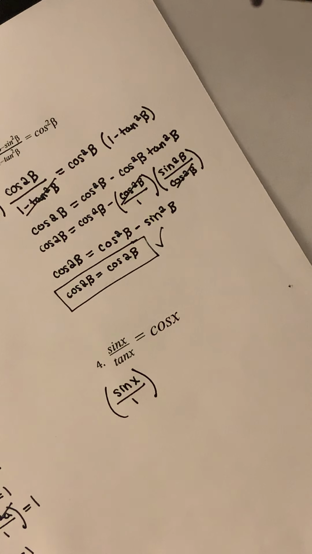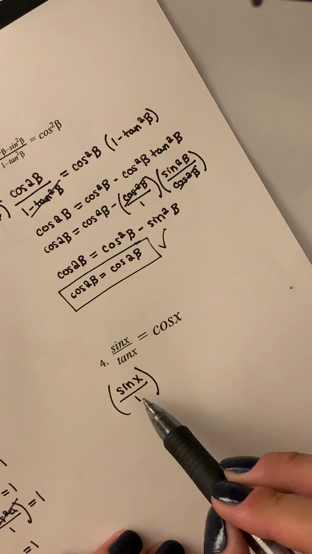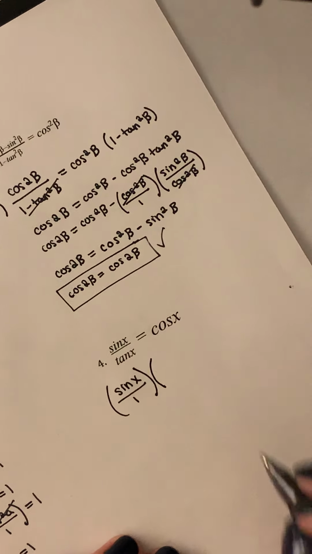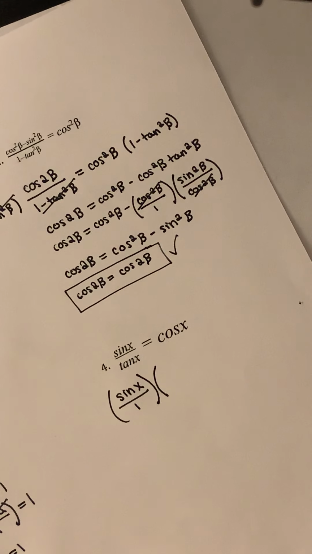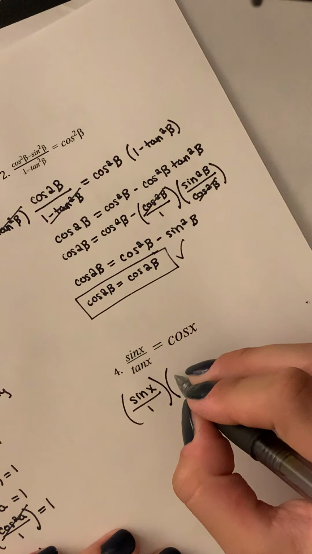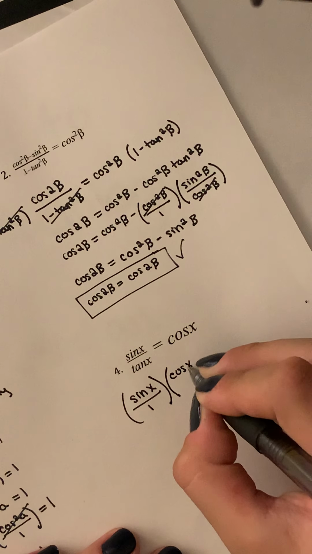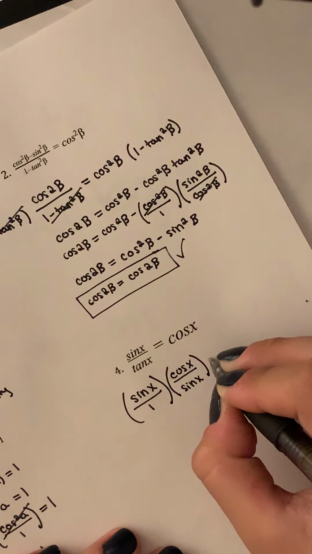So we're just going to go straight for manipulating that tangent value. I'm going to leave the sine x over 1, but because we're dividing by tangent, as I've said in the past, I'm going to multiply by the reciprocal. So I'm going to put the denominator on top and just multiply, because that's the equivalent of dividing. So our cosine x is going to be on top, and our sine x value is going to be on bottom.